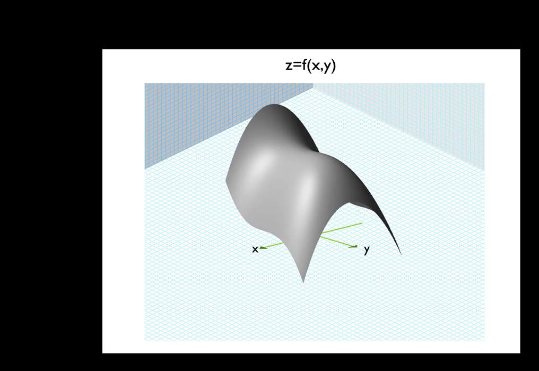Well, here is the graph of a generic function of two variables, x and y. The surface here represents the graph of the function f of x, y. So let's go through the process. When you hold y constant, geometrically that would be intersecting the surface with a plane where y is constant.